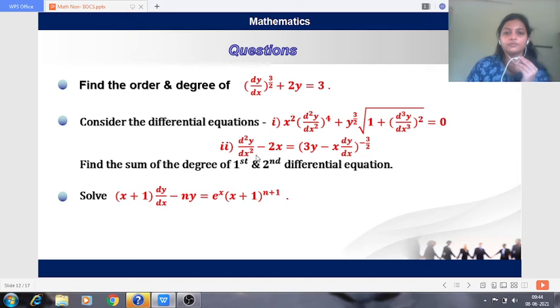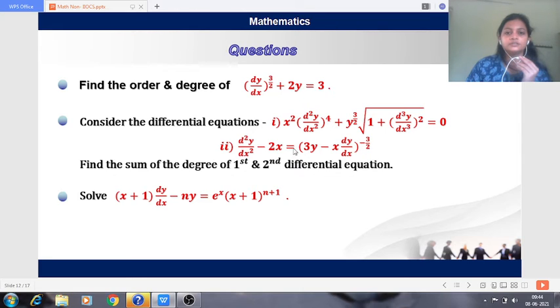After squaring on both sides, we get the degree of the second differential equation is 2, because the second differential equation contains the second order derivative as the highest order derivative, and this highest order derivative contains power 2. So the degree of the second differential equation is 2.